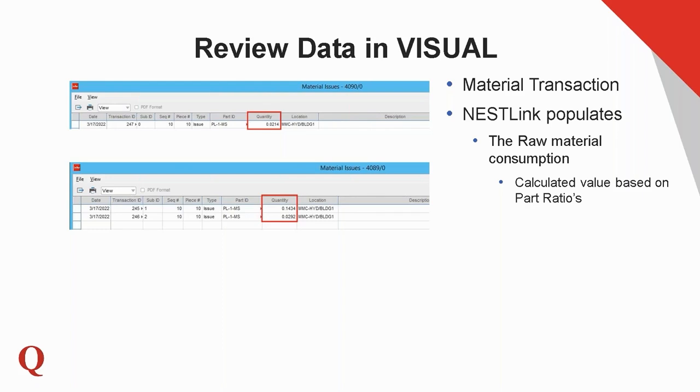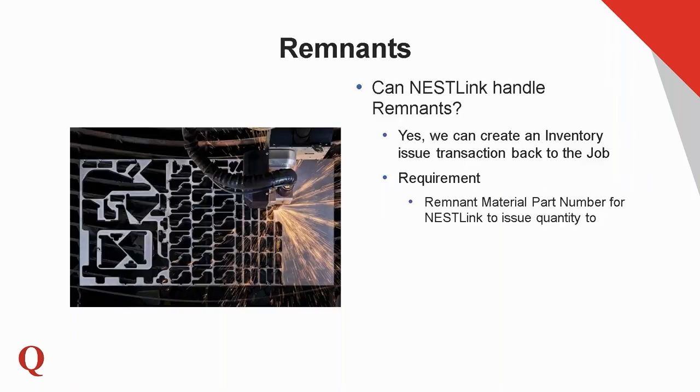So bigger parts get a bigger percentage of that scrap, meanwhile smaller parts get a smaller allocation of the scrap. That's the raw material consumption that NestLink has passed back and that we're now tracking inside of Visual.